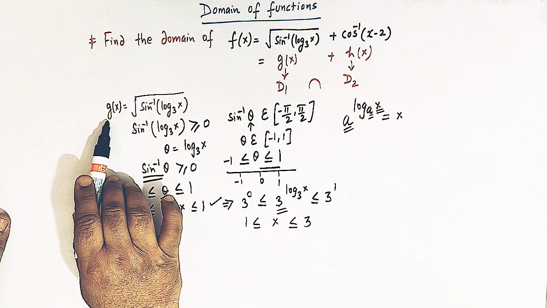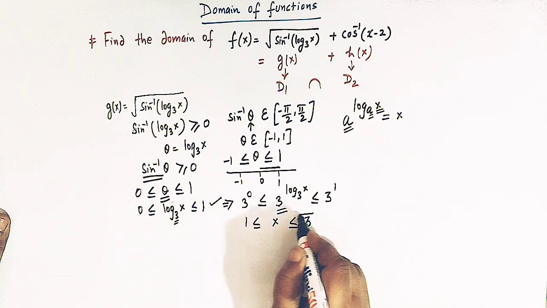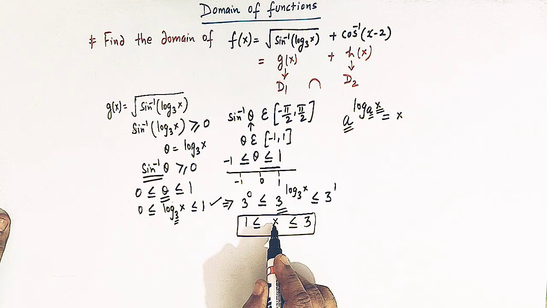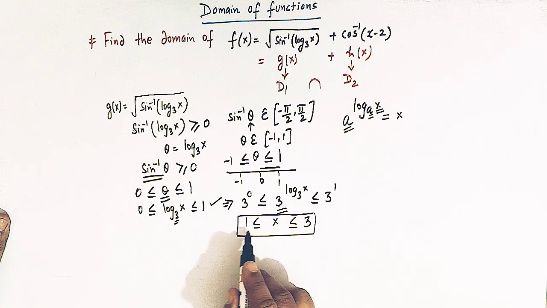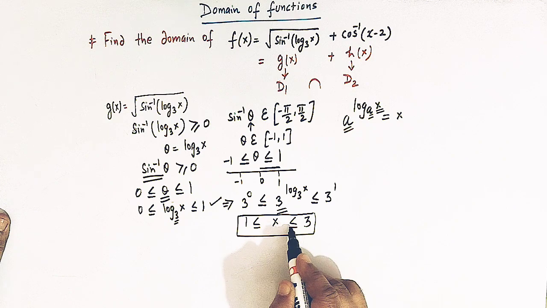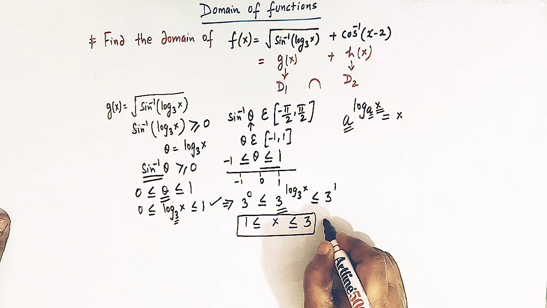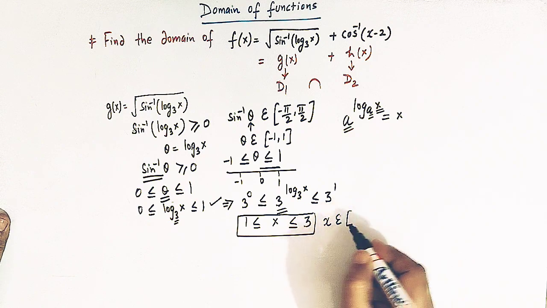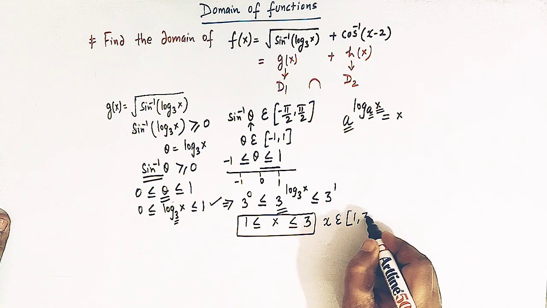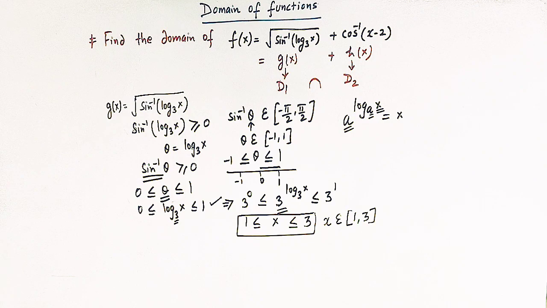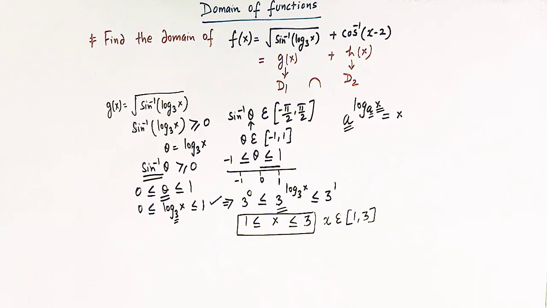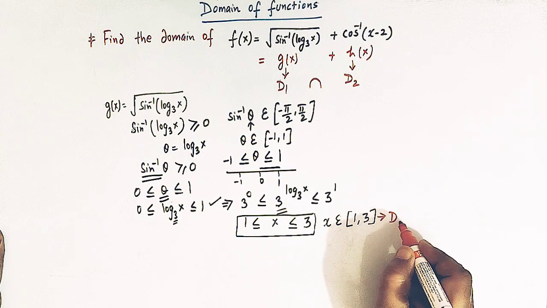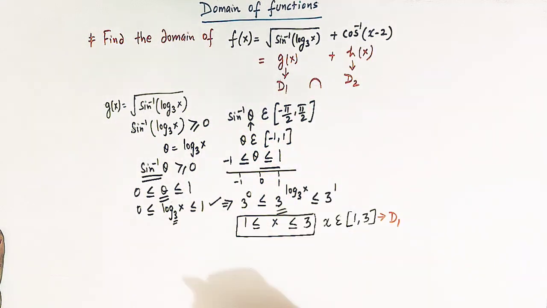So the domain of g of x is given by this inequality, that is x is greater than or equal to 1 but less than or equal to 3. So we can also write it like this, that is x belonging to the interval 1 to 3. So this is the domain d1, right?